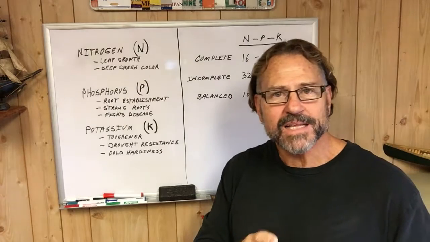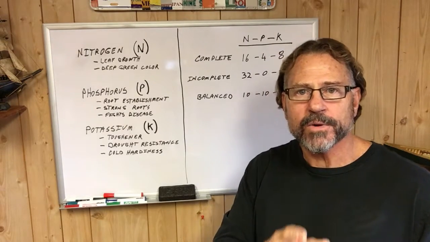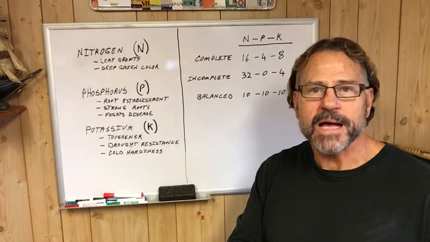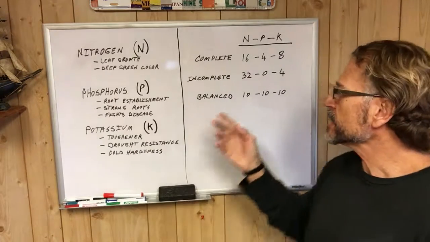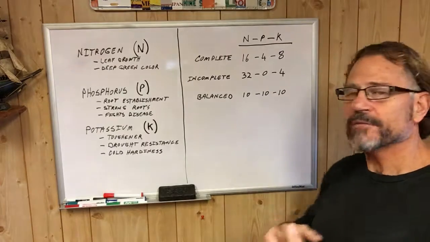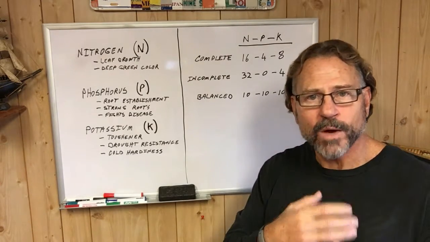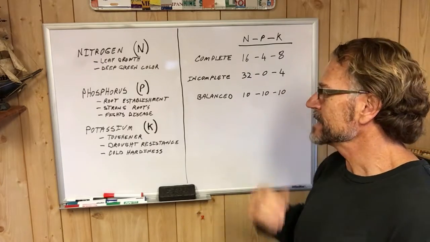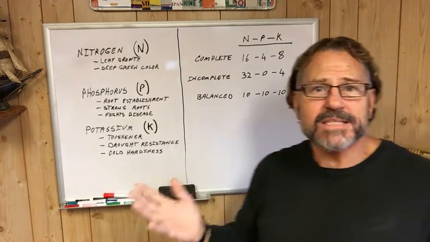A fertilizer bag that has an equal amount of all 3 of those components is a balanced fertilizer. In this particular example, it's 10-10-10, meaning we have equal parts, 10% by weight, of nitrogen, phosphorus, as well as potassium.